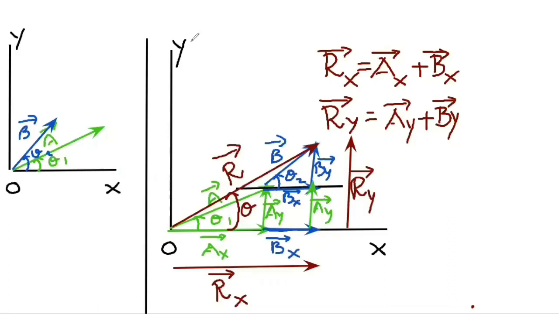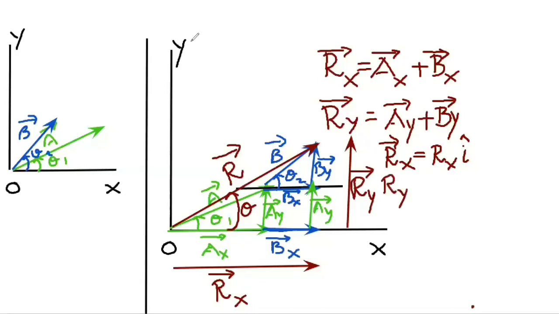It means vector Rx has a magnitude Rx and a direction i hat, which indicates that Rx is in the x direction.